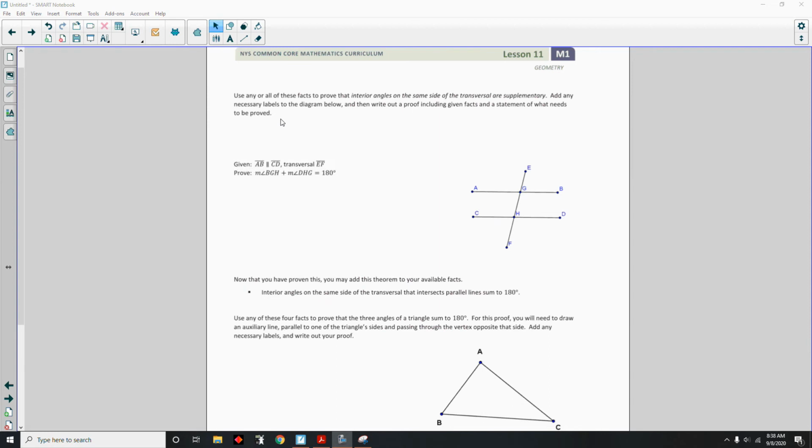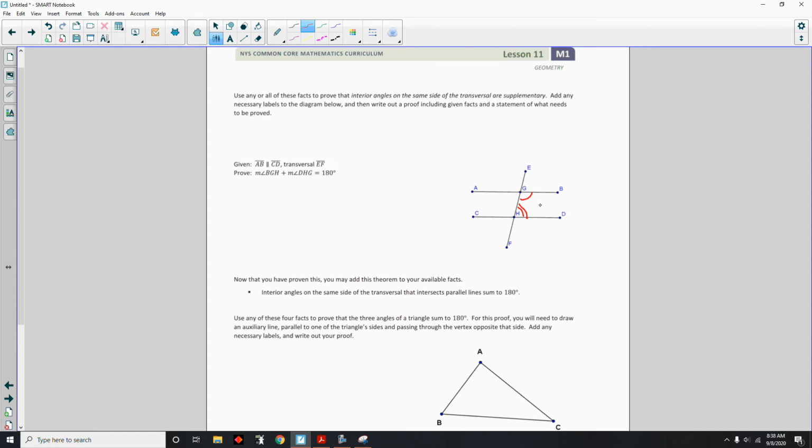Okay, on page 2, it's asking us to use any or all of these facts to prove that interior angles on the same side of a transversal are supplementary. Let me just recap what they're saying here. Interior angles on the same side of a transversal, so that'd be like this angle here and this angle here.